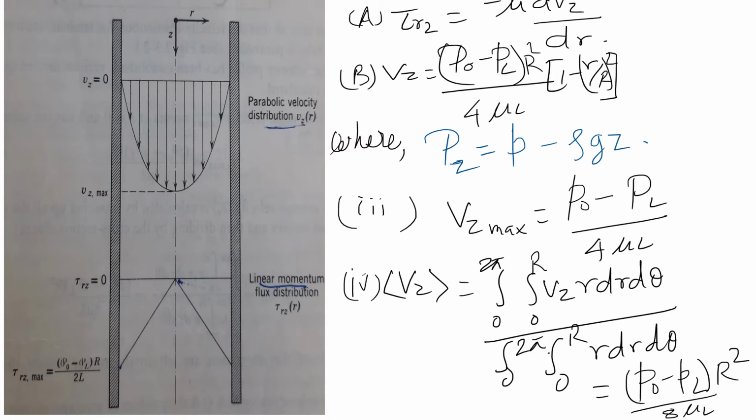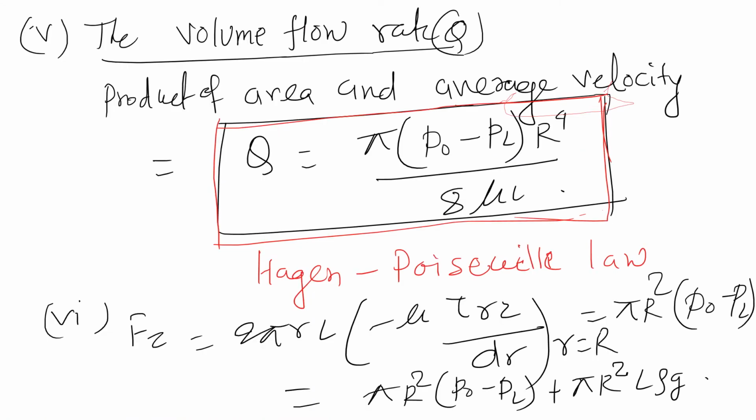We had also obtained the velocity profile, right? Then we obtained the total volumetric flow rate through the circular tube, which is the Hagen-Poiseuille law. What is the Hagen-Poiseuille law? It is for the determination of volumetric flow through a circular pipe.